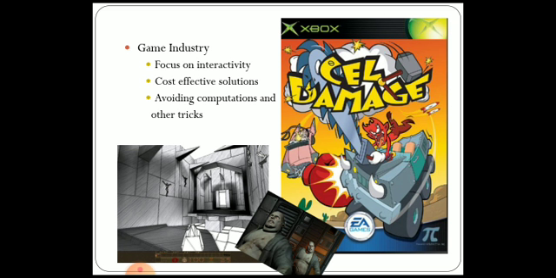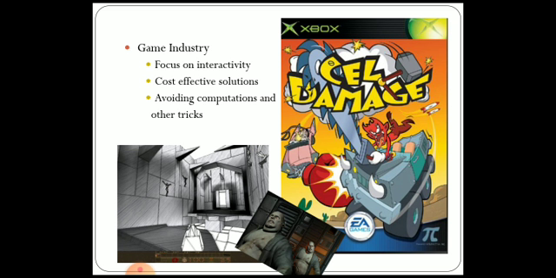In the game industry, the focus is mainly on interactivity, right? The moment I press a key, the moment I make an action, I want the same thing to be reflected on the screen. That's sensitivity. If the game is insensitive or less sensitive, we will not be able to enjoy the game.